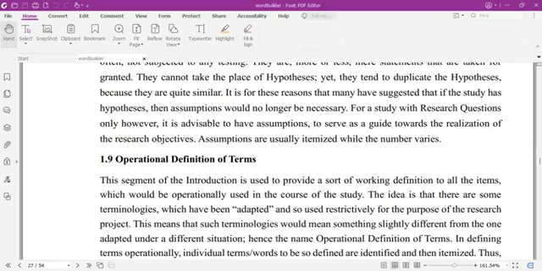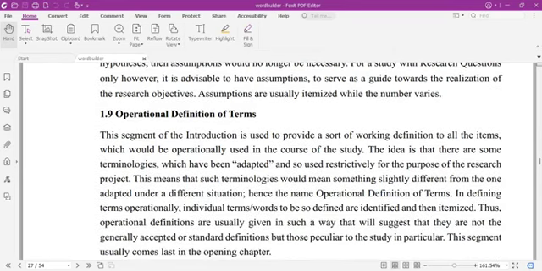This segment of the introduction is used to provide a sort of working definition to all the items which will be operationally used in the course of the study. You know, as you're working on the study, there are certain terms that you need to define. The idea is that there are some terminologies which have been adapted, unquote, and so used restrictively for the purpose of the research project.